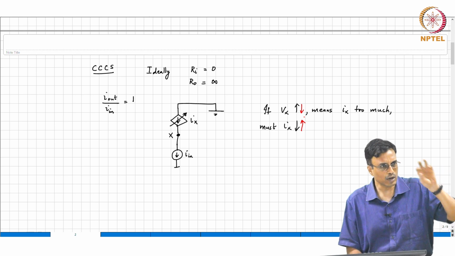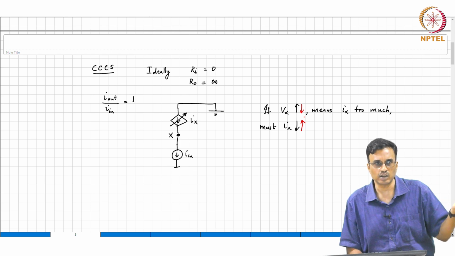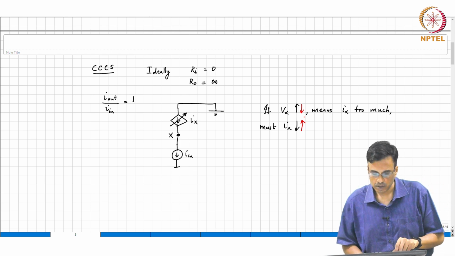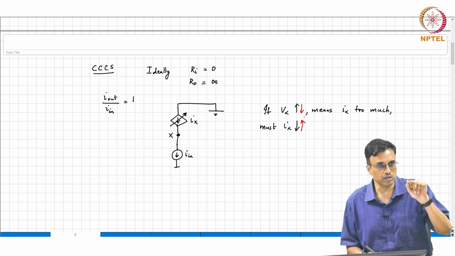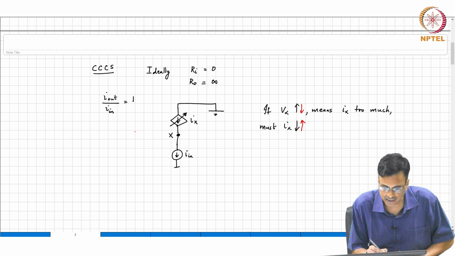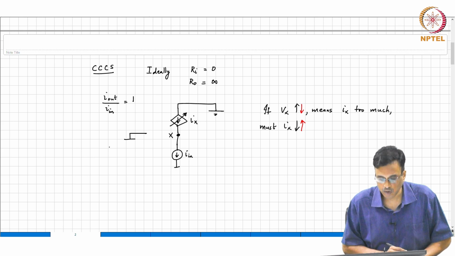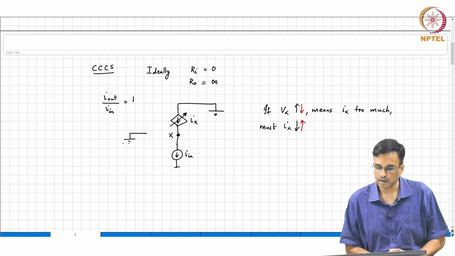In the real network, you can have a constant voltage, but when you go from there to an incremental one, any constant voltage becomes 0. So, basically what we must do? We must compare the potential of X with 0. It must be a constant, that constant must be 0. So, we compare the potential of Vx with respect to ground, and if Vx increases, Ix must decrease and vice versa.